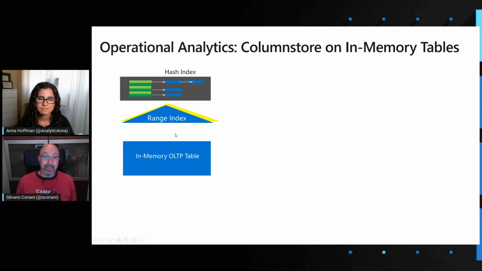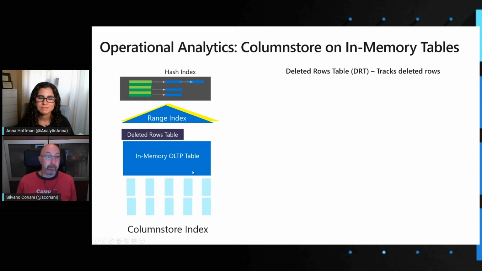In memory OLTP tables, we have this particular type of indexes, like hash indexes and range indexes, that are highly optimized for the OLTP workload itself. But now, with the same approach that we were doing for traditional tables, we can create column store indexes on top of the in-memory tables.